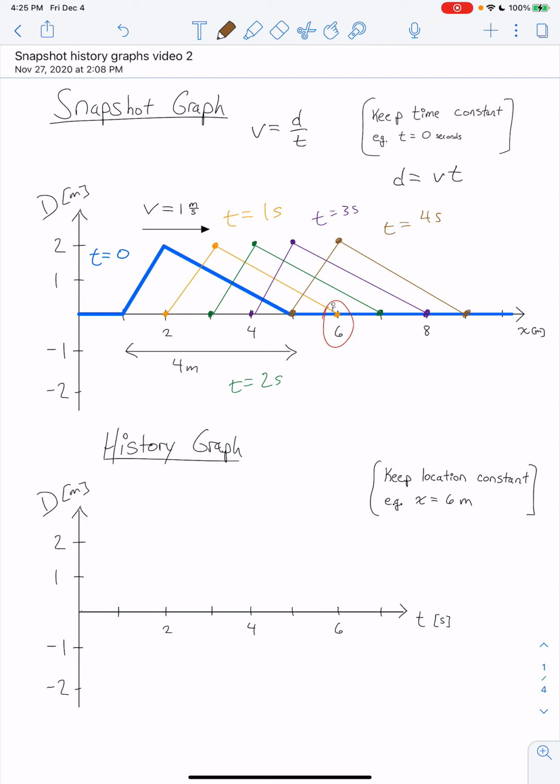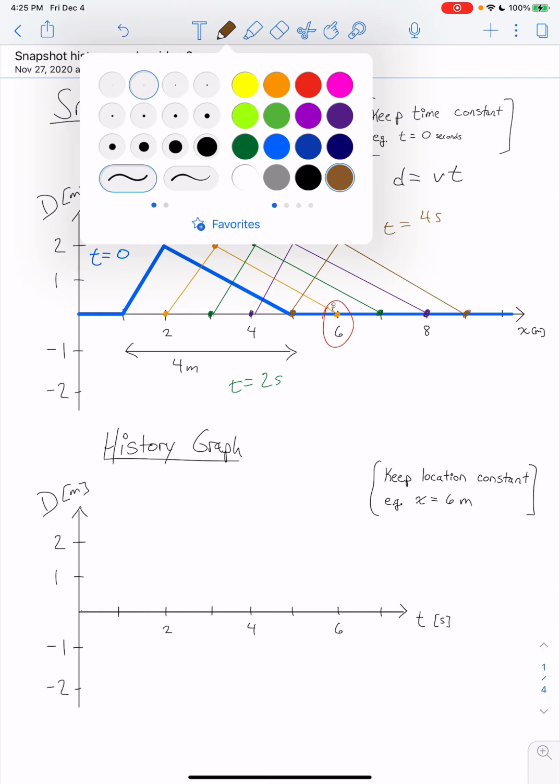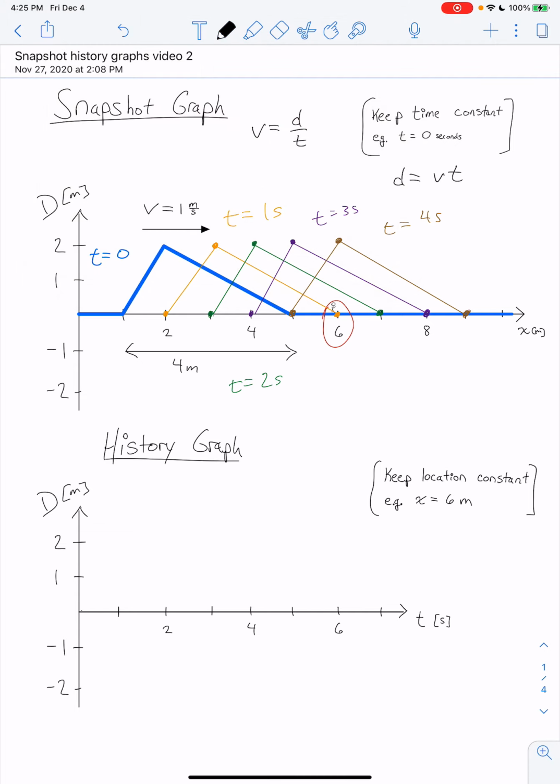Okay. So let's get back to thinking about how this all connects to what's happening at x is equal to 6. Remember, first we start at displacement is 0. So let's start to actually draw this out.